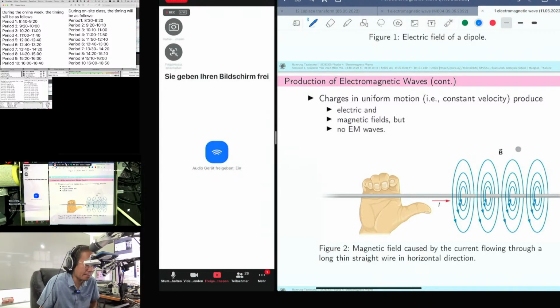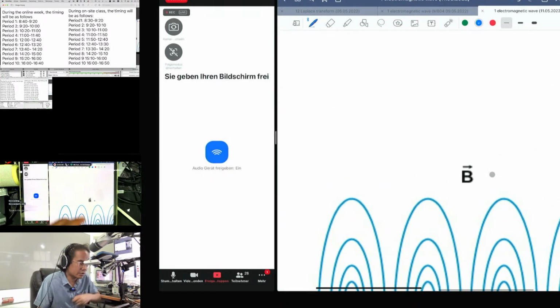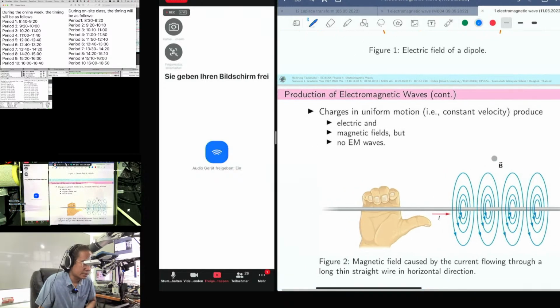And the magnetic field is one of the vector quantities. So you can see that we usually represent the letter B together with an arrow on top of it. And that's why we need to learn here how we could find the direction of the magnetic field.